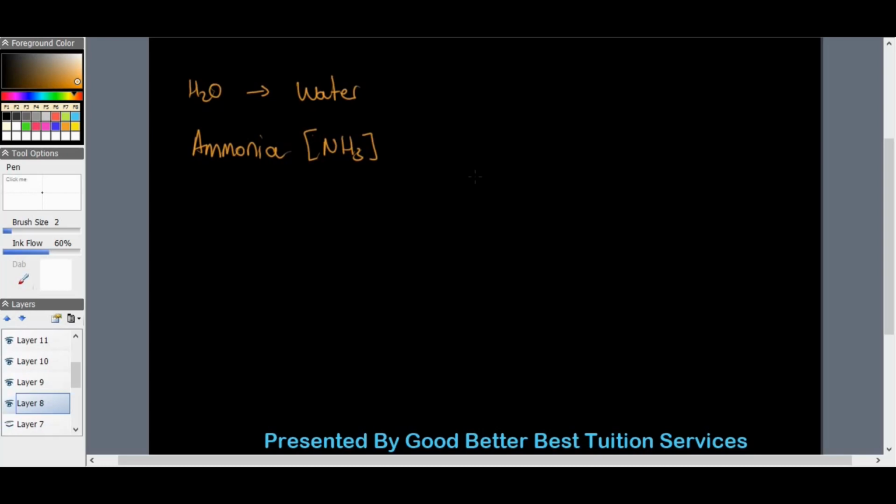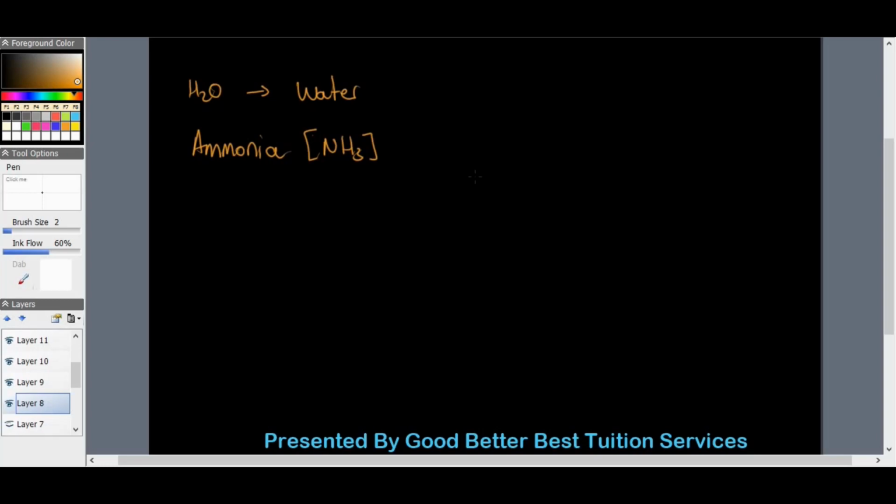It is a chemical name for a chemical substance that does exist, but in everyday life it is known as either bicarbonate of soda, that's its common name, or baking soda.